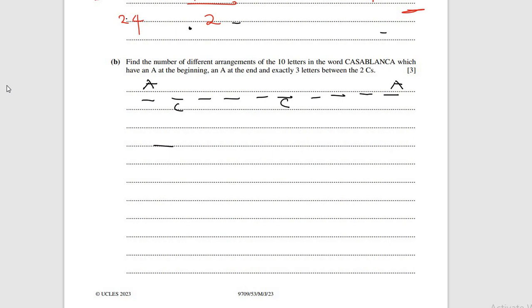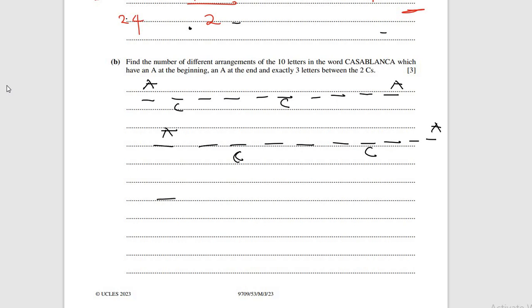Another option: A at the beginning, A at the end, the C can decide to be here. There must be 3 letters before the next C.